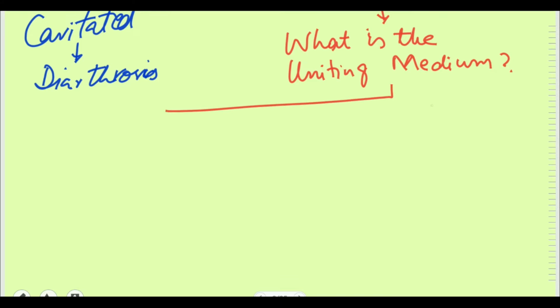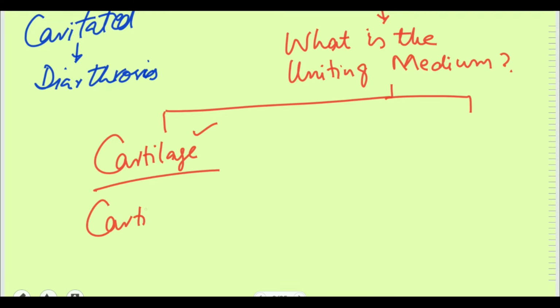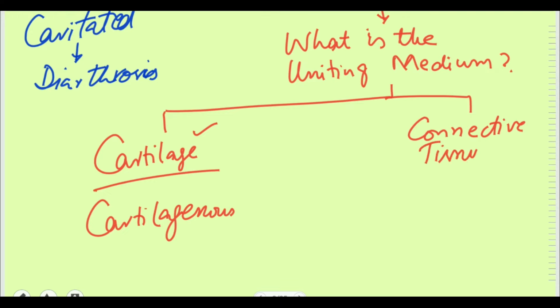If the answer is that the uniting medium is cartilage, then the joint is a cartilaginous joint. If the answer is a connective tissue, that is a fibrous connective tissue uniting the two bones, then the joint will be a fibrous joint.